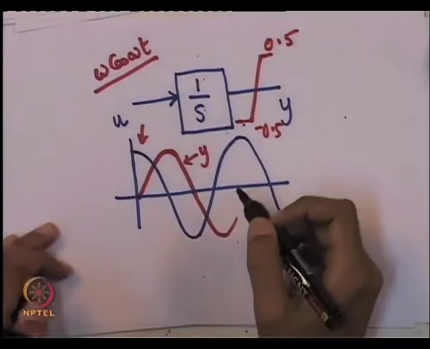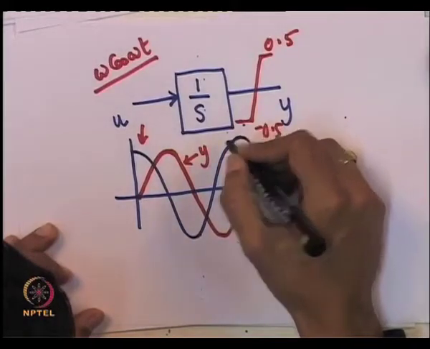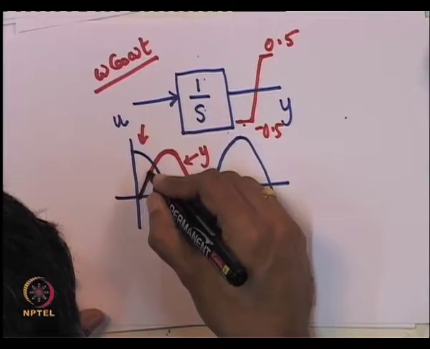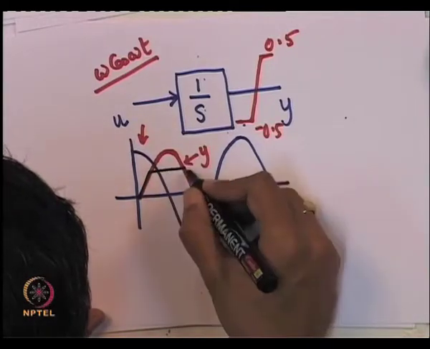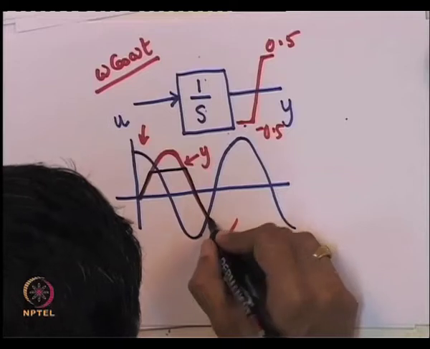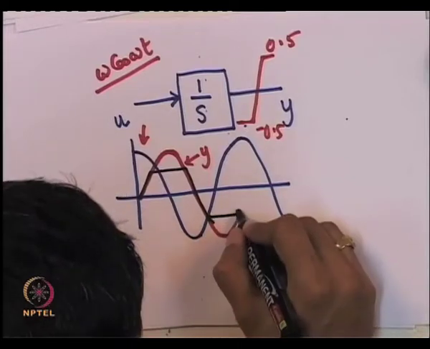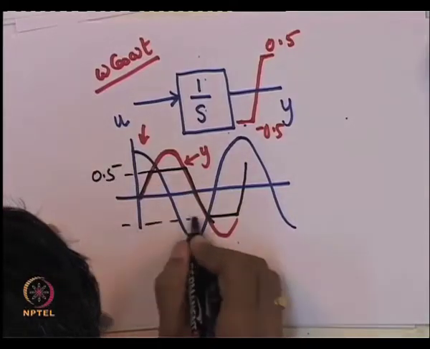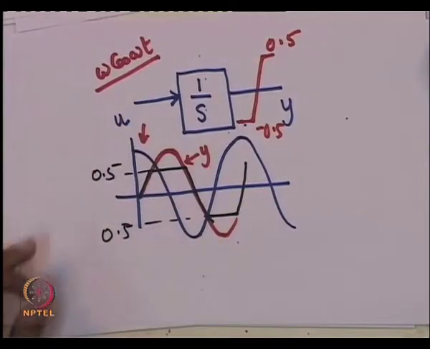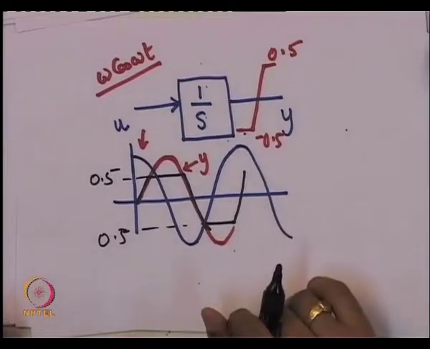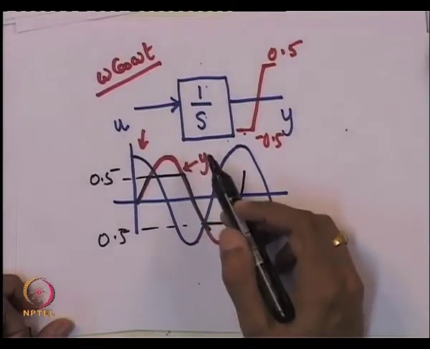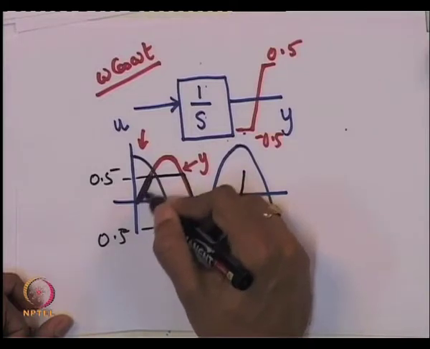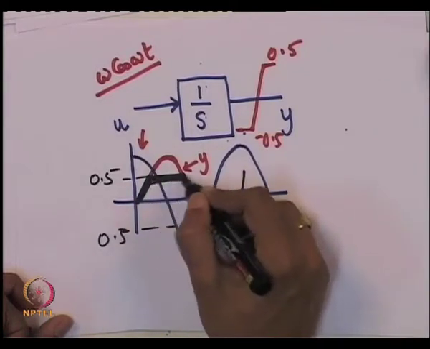So, what you will get in fact at y is not this, but something which is clipped at plus 0.5 and minus 0.5. So, this is the response of a soft limiter. Okay. So, it just clips the output. So, what you will get at the output is what is in black, that is this. I will just darken it a bit so that you can see it.